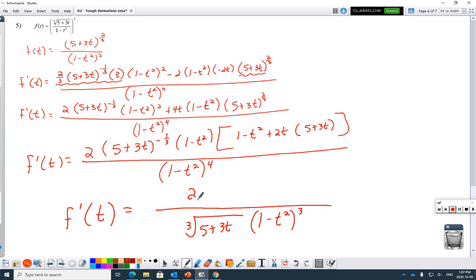I've got a 2, and then I'm going to try and do this whole bracket all at once in my head. It's a 10t. Oh, that's a 6t squared. So I think it comes out to 5t squared plus 10t plus 1. Out of the brackets, a 10t, yes, and a 6t squared, but a minus t squared is 5t squared plus 1. Yeah, it's good.